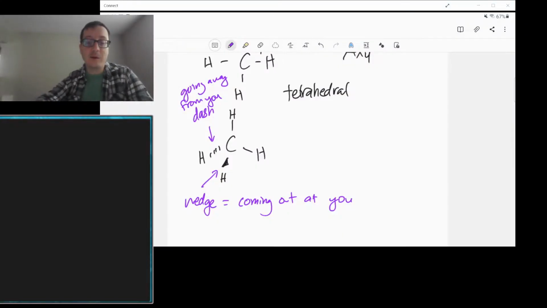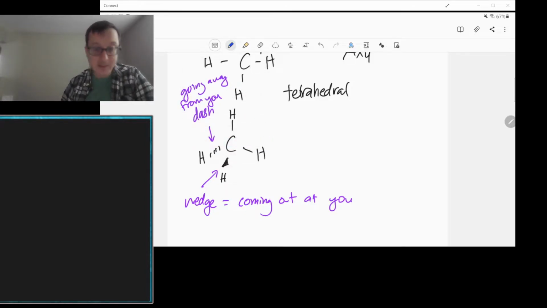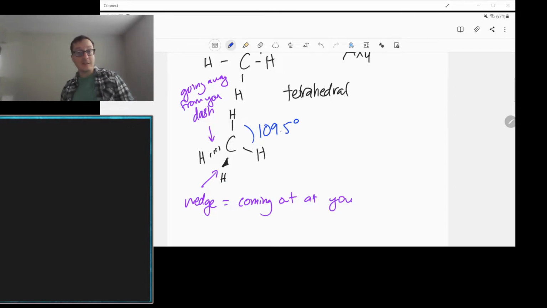And so we represent that in two dimensions by using wedges and dashes. Wedges mean that something is coming out of the plane towards you, the viewer, and a hydrogen is going into the plane, so away from you. So remember, this is kind of a pyramid shape, so it's called a tetrahedron. The bond angles here are all 109.5 degrees. And so that's better than 90, right?